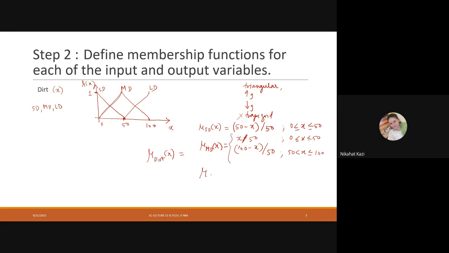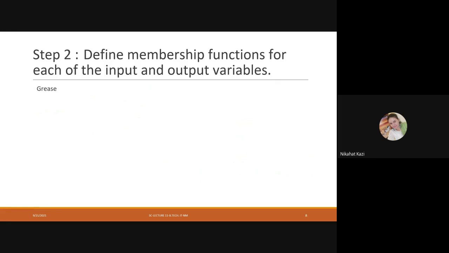Similarly, you write it for large dirt. Large dirt is increasing, so it is (x minus 50) divided by 50, range is 50 to 100, right? So you have got the equations for small dirt, medium dirt, large dirt. On similar lines, you can have the equations for grease. Just call the variable y, you will have the same graph and the same equations.